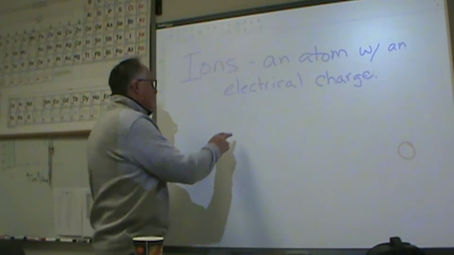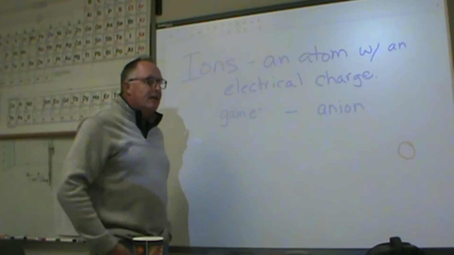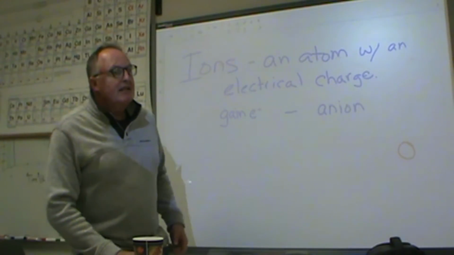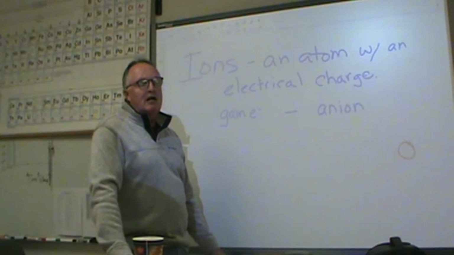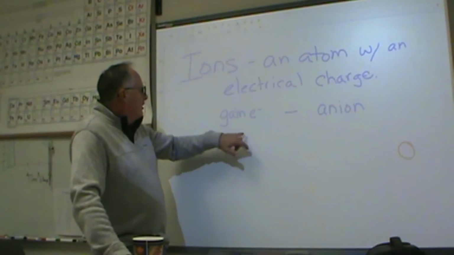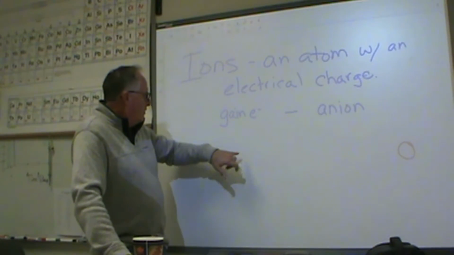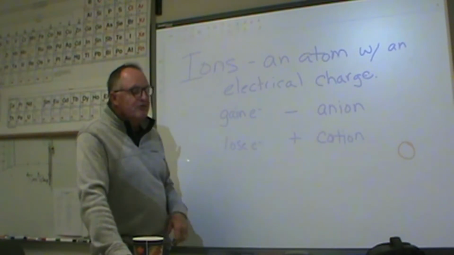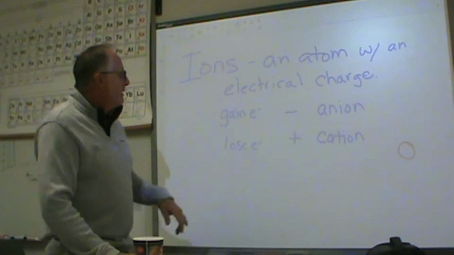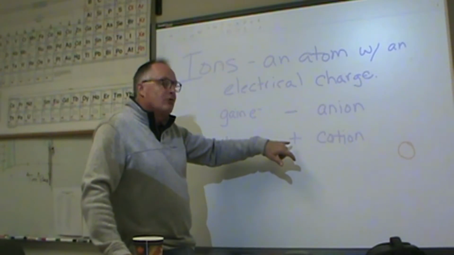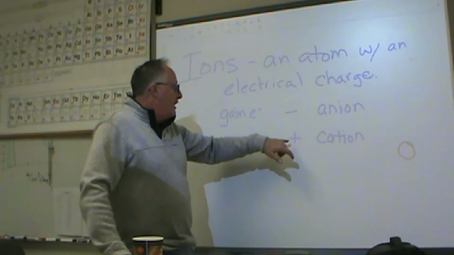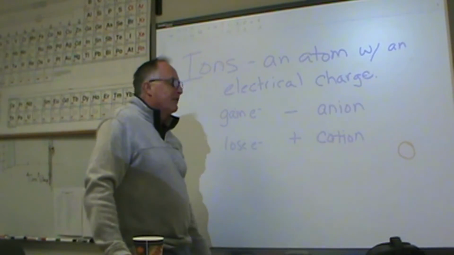You can either gain or lose. If you gain electrons, you're gaining a negative charge, so the whole atom becomes negative, and that's called an anion. If you lose an electron, it becomes positive, because at that point you have more protons than you have electrons, so you have a positive atom, and that's called a cation.